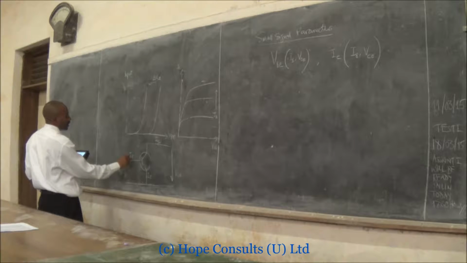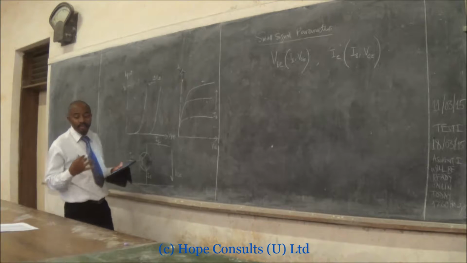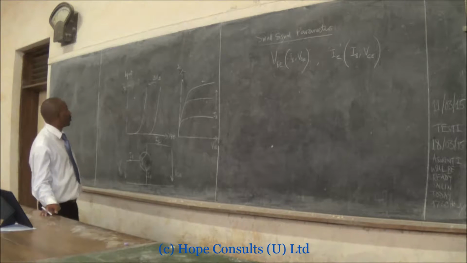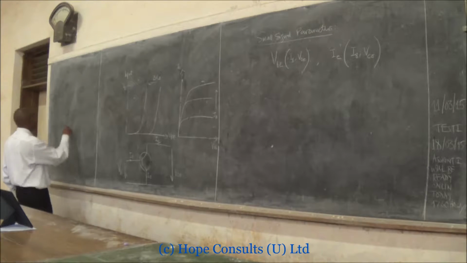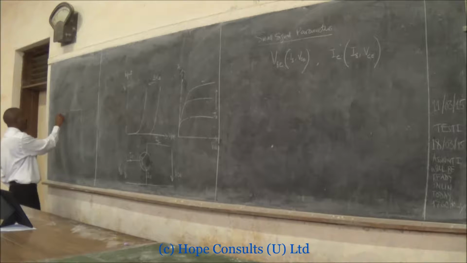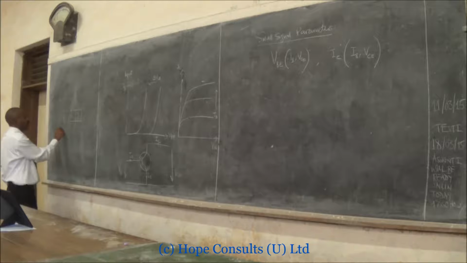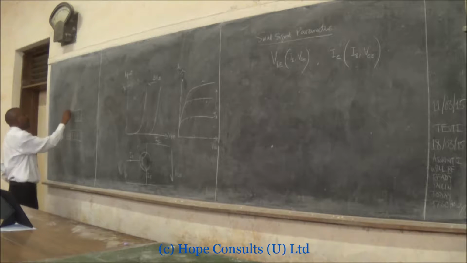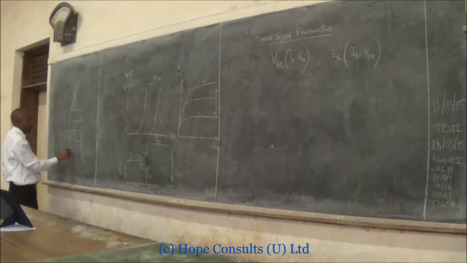current, which we call the base current, because it's the base that determines the operation of our transistor, whether it is an NPN or a PNP. The base here is the determinant.